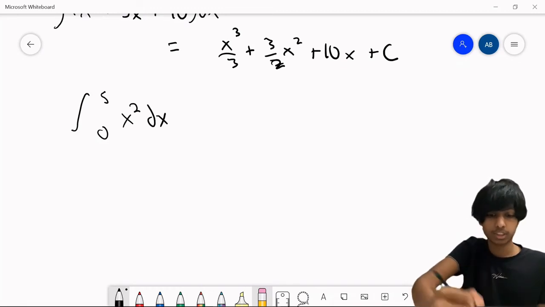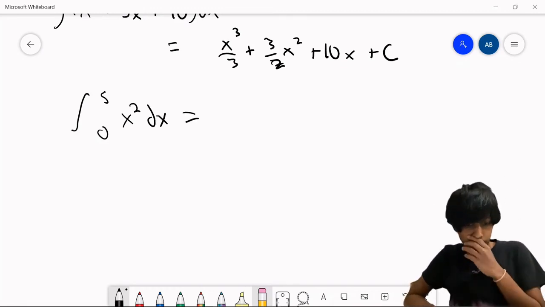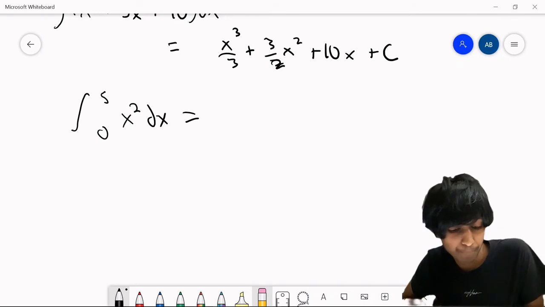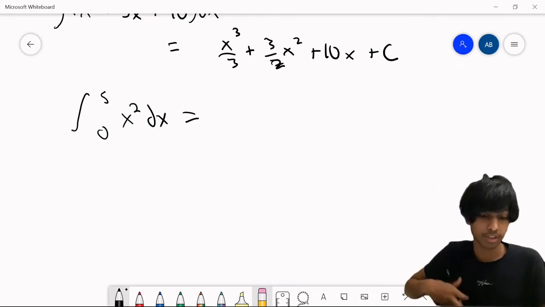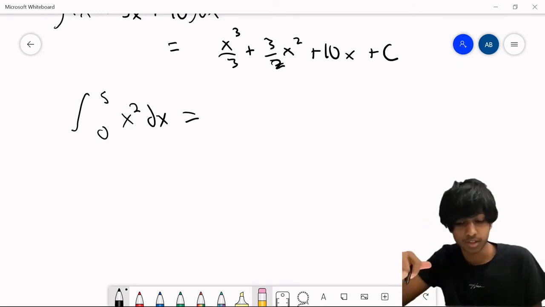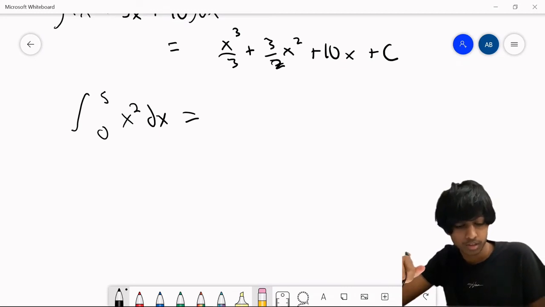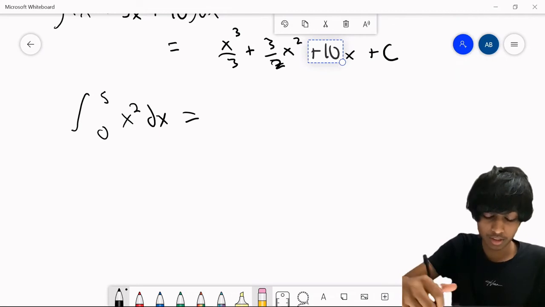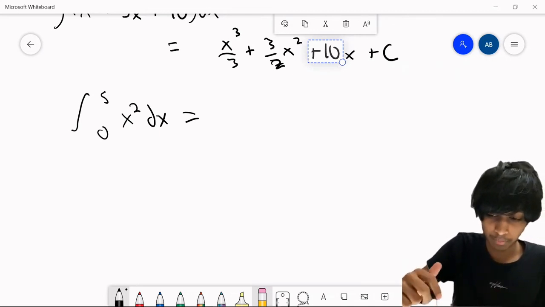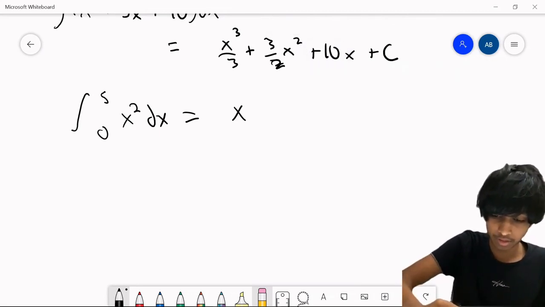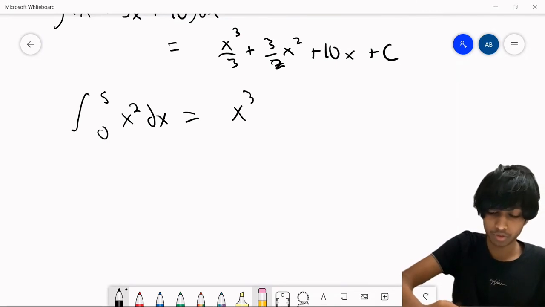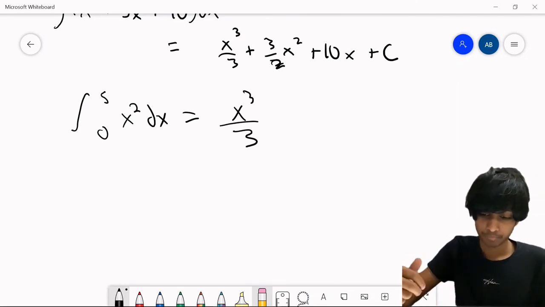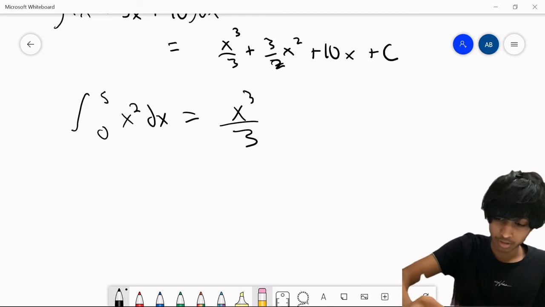How you would do this is you would treat it like an indefinite integral, and then you would plug in 5 and 0 into the indefinite integral. So let's do the integral using the power rule. We would get x cubed over 3 plus c.